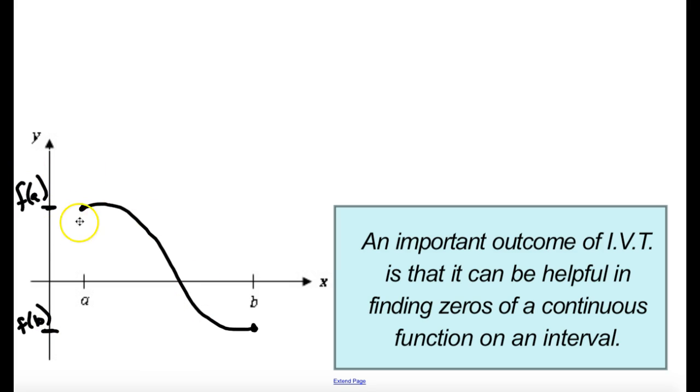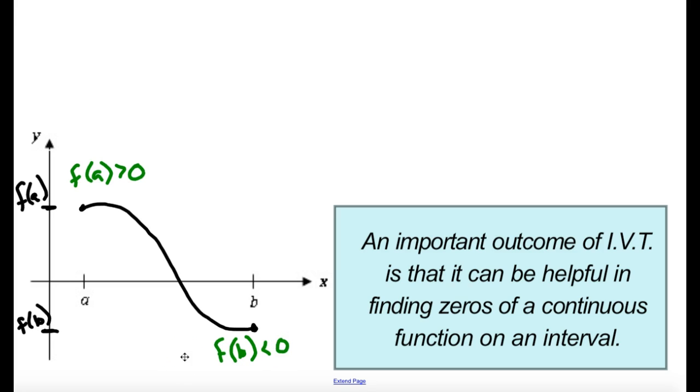Here we can see that f of a is some positive value. We don't really have any idea what it actually is, so I'll just say that f of a is greater than 0. And down here we can see that f of b is some negative value. This y value is something negative, so I'll say that f of b is less than 0.